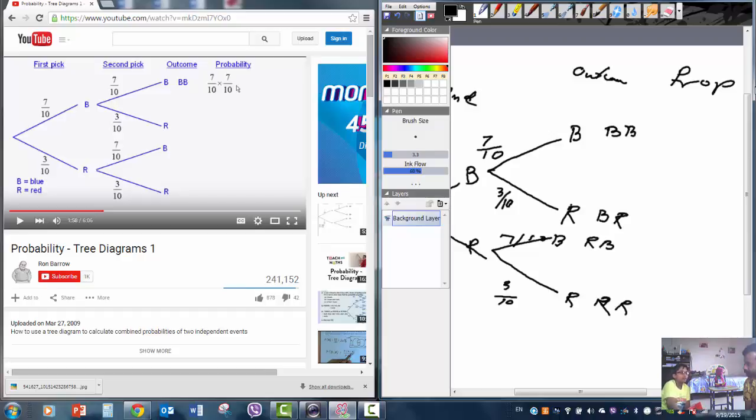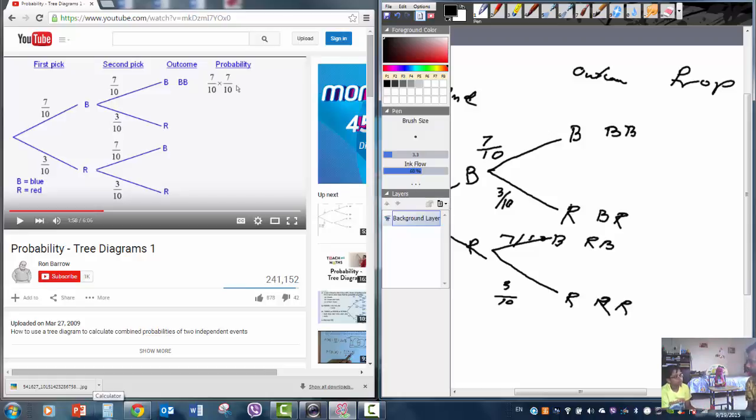Because first of all, how does multiplication work? Did you think about that? And why is it not adding? How does addition work? Someone who's learning this for the first time can say, oh, we get a first pick blue and a second pick blue, why don't you just add the probabilities, 7/10 plus 7/10?